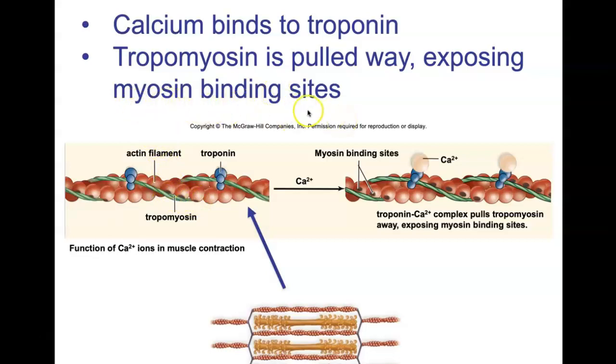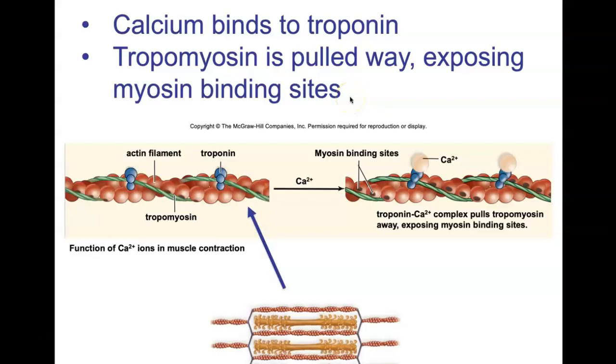Those myosin binding sites on the actin filament are closed. They're unexposed, if you will, by the tropomyosin protein. The only way the myosin binding sites can be exposed or open is if calcium binds to troponin, which is going to shift the tropomyosin, exposing the binding sites.